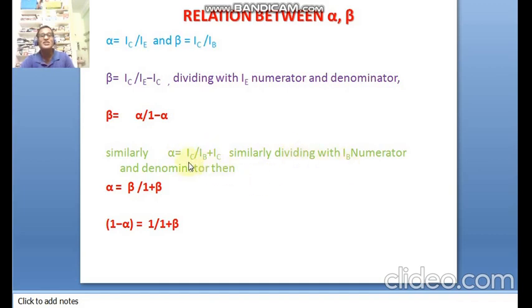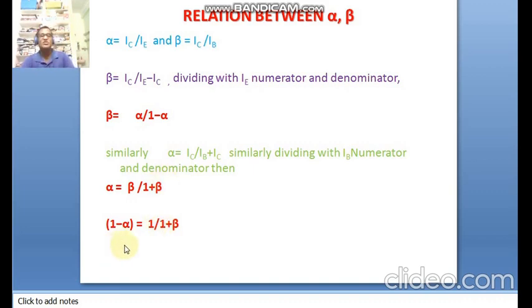So IC by IB in the numerator, and IB by IB is 1 plus IC by IB in the denominator. Therefore alpha is equal to beta by 1 plus beta. Similarly, if we substitute the value and simplify it, 1 minus alpha is equal to 1 by 1 plus beta. By cross multiplication, by simplifying the total above equation, we are getting this value.